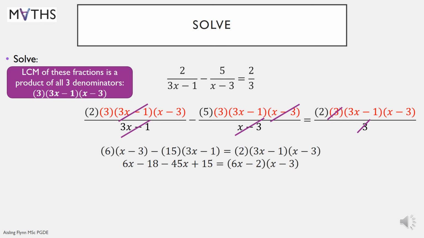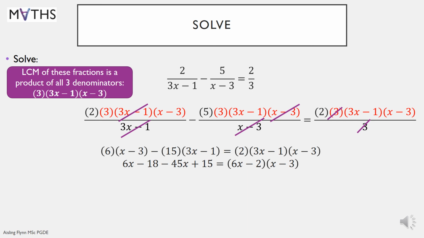So I said to myself, minus 15 multiplied by 3x gives minus 45x. Okay, and minus 15 multiplied by minus 1, that's minus by minus, gives me plus 15. Okay, so just take care there. You must use that takeaway sign or minus sign twice.